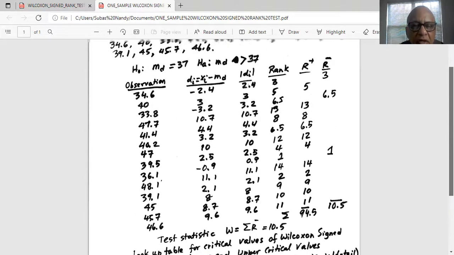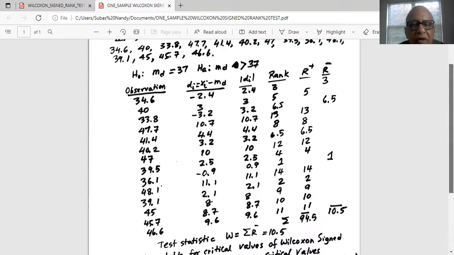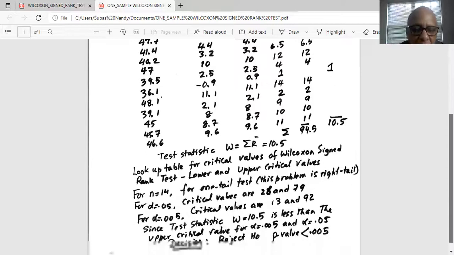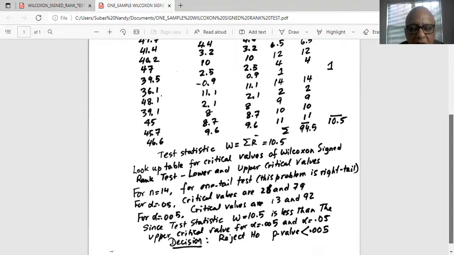Why do we focus on the upper critical value? This is because we have a right tail test, alternate hypothesis median greater than 37. So for alpha equal to 0.005, the highest critical value is 92.